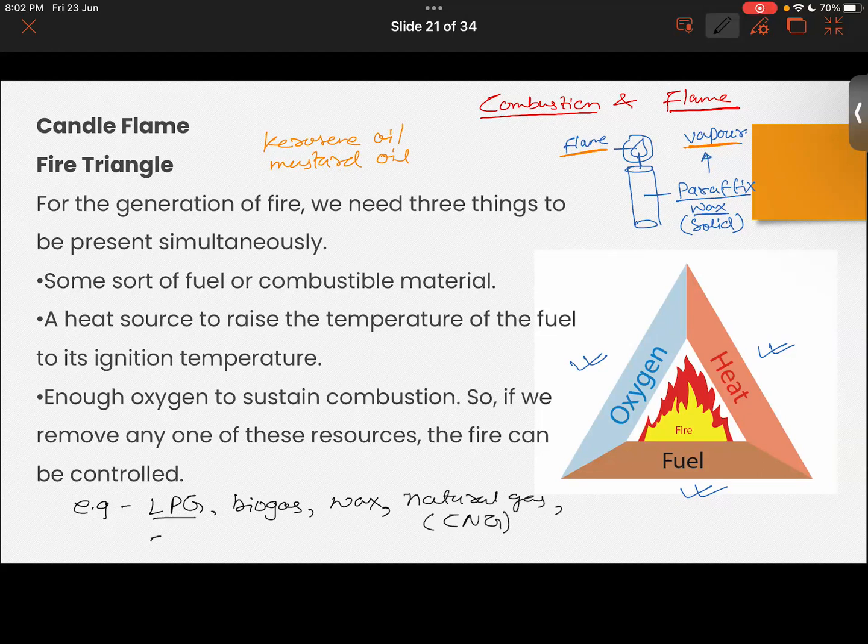Kerosene oil. You can take liquid fuels as well. Petrol. Okay, you can take petrol also. Mustard oil. Right, guys. So that's enough examples of fuels which burn by producing flame.